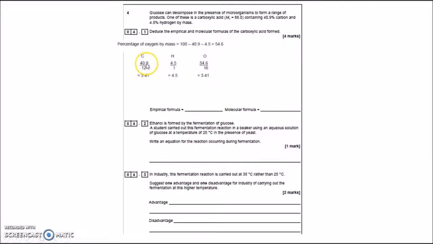So 40.9% divided by 12, which is the mass of a carbon atom, comes out as 3.41. 4.5 divided by 1, a hydrogen has an atomic mass of 1, is 4.5, and 54.6 divided by 16 is 3.41. Oxygen has got an atomic mass of 16. So that comes out as 3.41.